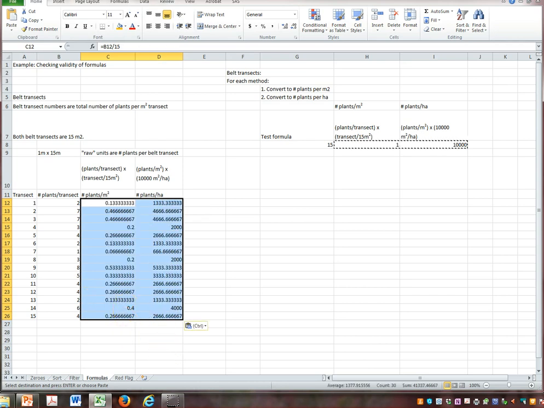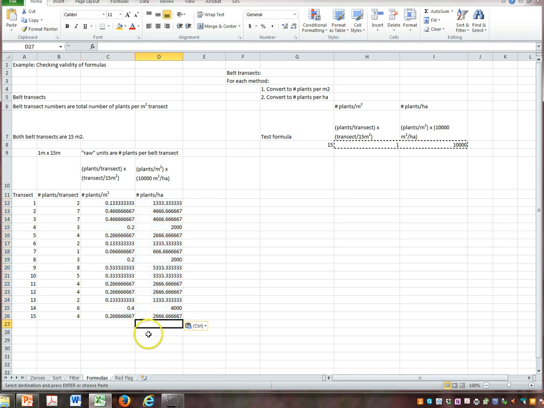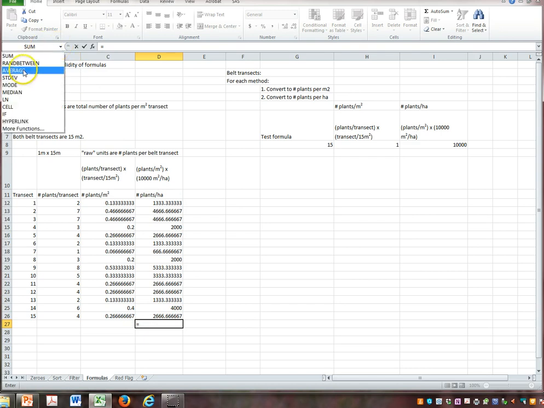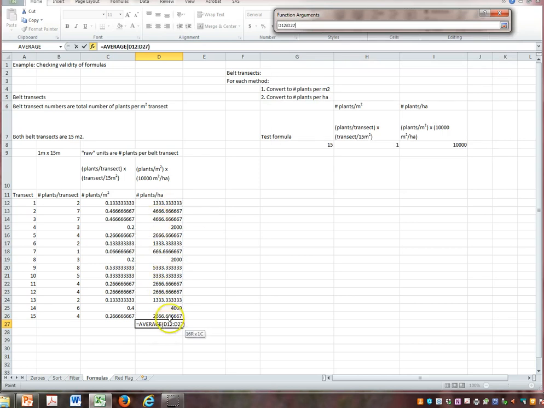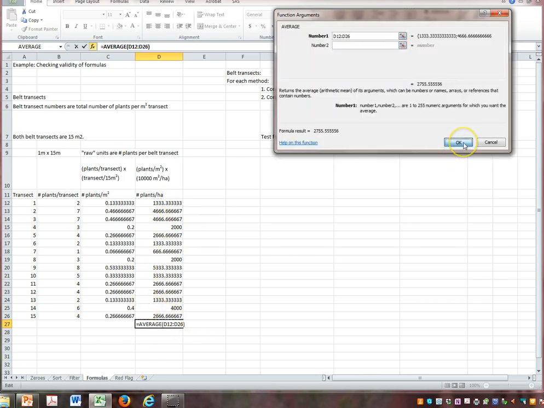Now this is a good time to also talk a little bit about how to report data once the analysis has been done. So let's just very quickly here take an average of these values, and we're going to make sure that we use these values for this average.